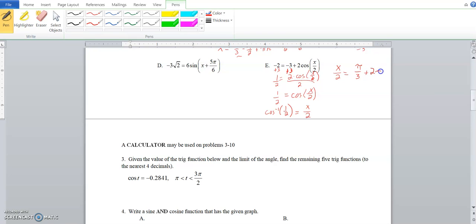Immediately plus 2 pi n. Okay. We also know that x over 2 is, well, let's see, cosine's positive here in the first quadrant, pi over 3, but we're also clear over at the fourth quadrant, right? If I were to draw this over here, cosine's positive here and here. So if we were at pi over 3, we need to go clear around to the fourth quadrant, and that is 5 pi over 3. And then, of course, plus 2 pi n.